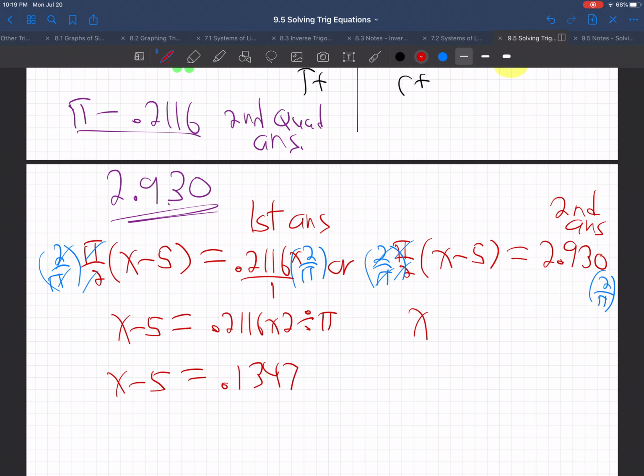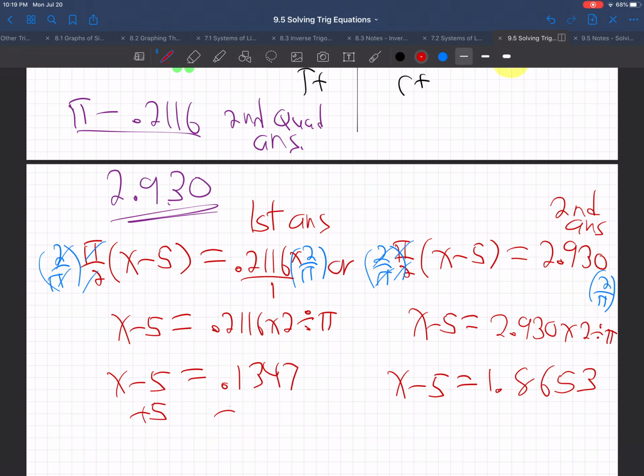0.1347. Over here, I'm going to take 2.930 times 2 divided by pi. And I'm getting 1.8653.